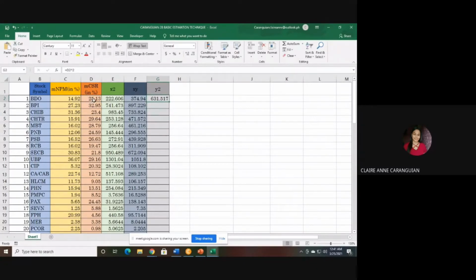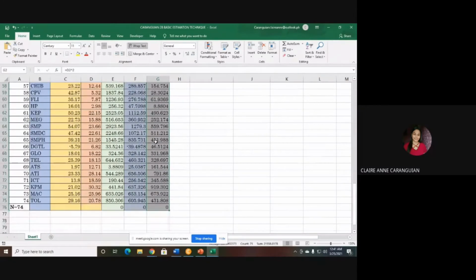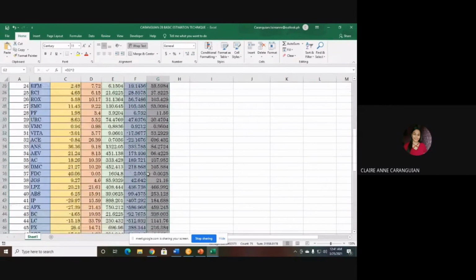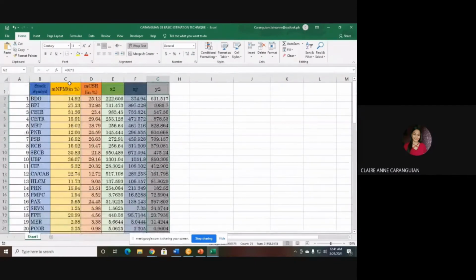So, 25.13 times 25.13, or 25.13 squared, is equal to 631.517. So, double click again.